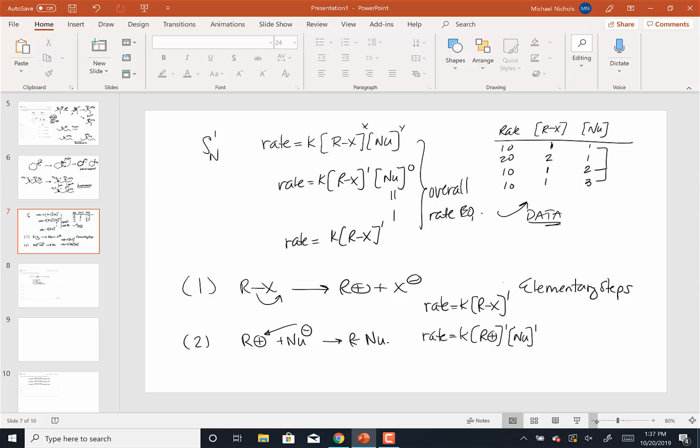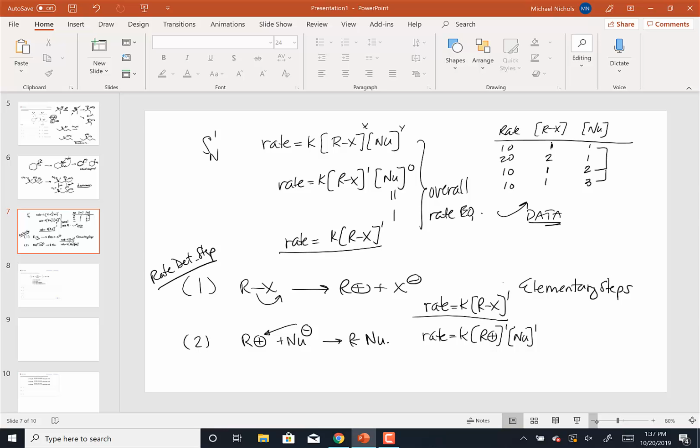Since the overall rate equation doesn't have the nucleophile concentration in it, that identified the first step as what we call the rate determining step.